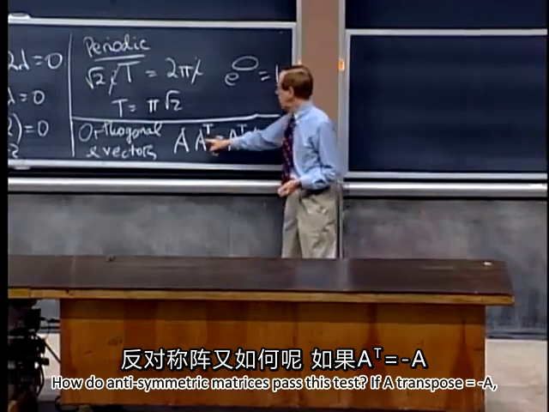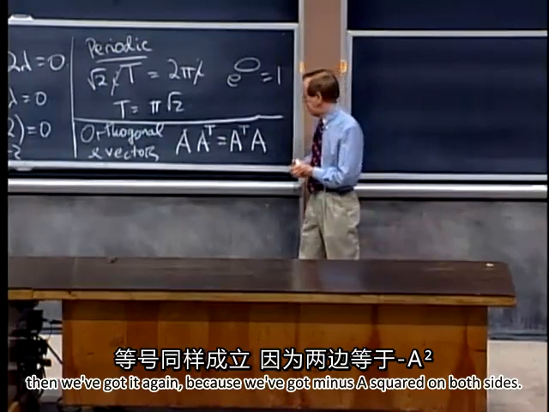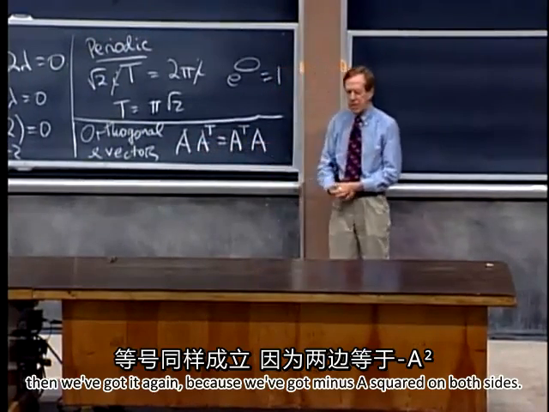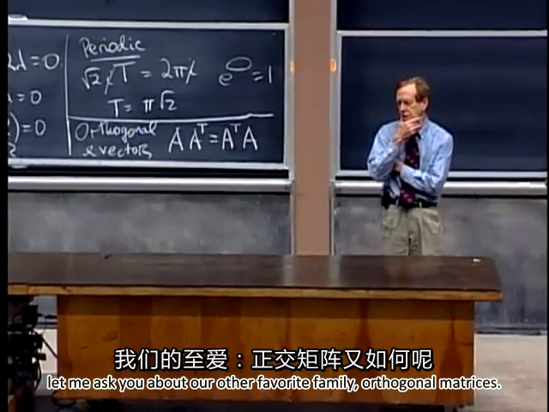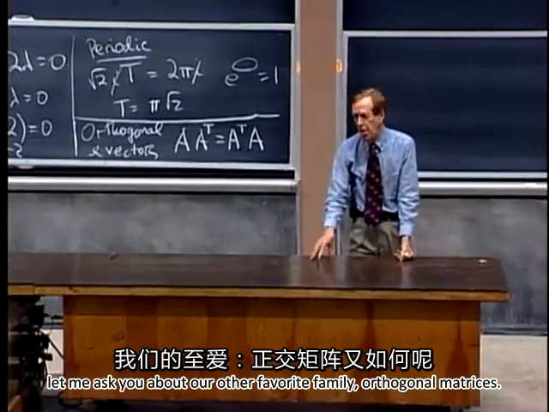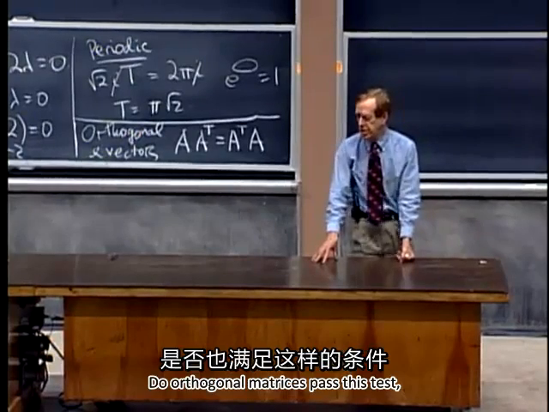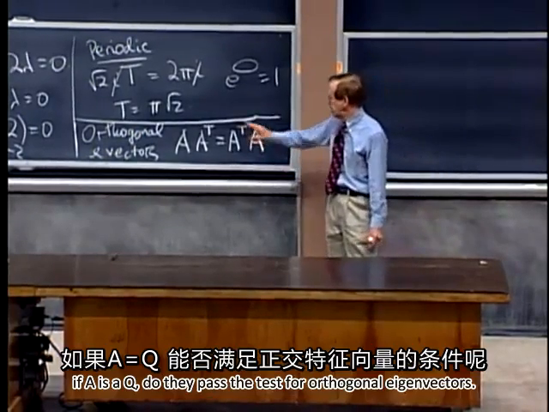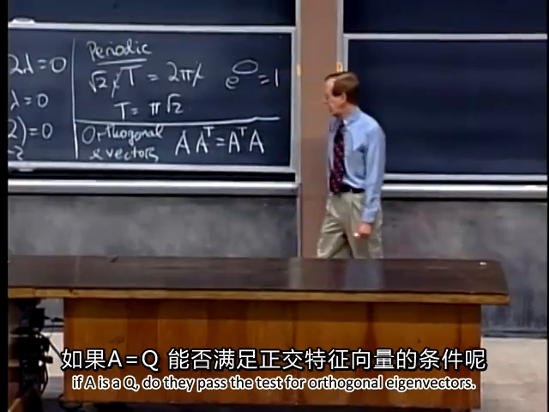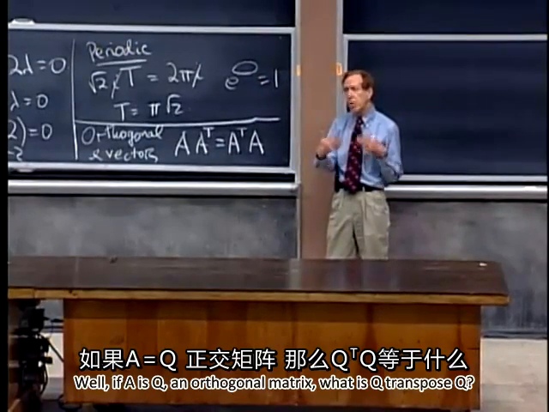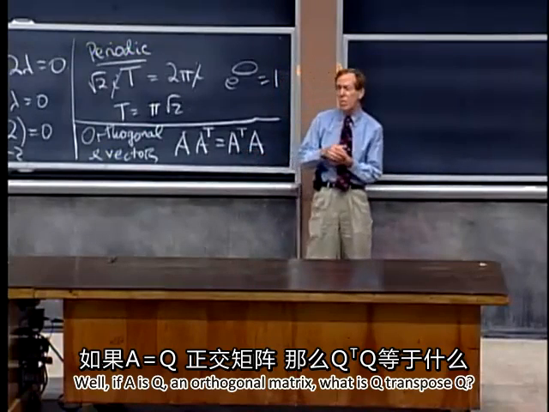If A transpose equals minus A, then we've got it again, because we've got minus A squared on both sides. So that's another group. And finally, let me ask you about our other favorite family, orthogonal matrices. If A is a Q, do they pass the test for orthogonal eigenvectors? Well, if A is Q, an orthogonal matrix, what is Q transpose Q?